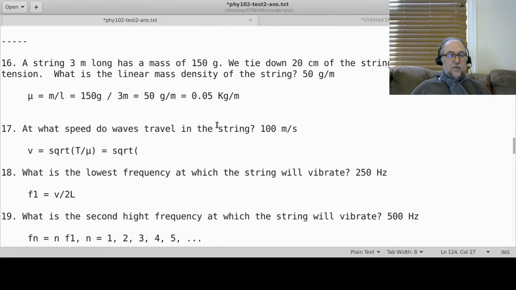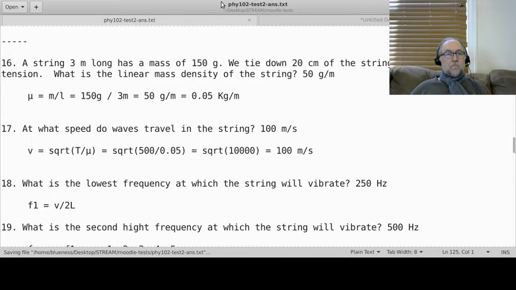Okay, and so if we put 500 newtons in there, divided by 0.05, like that, that's going to be the square root of 10,000, and the square root of 10,000 is 100, and everything's in MKS, so the answer will come out in meters per second. All right, so there's that answer. All right, now what?